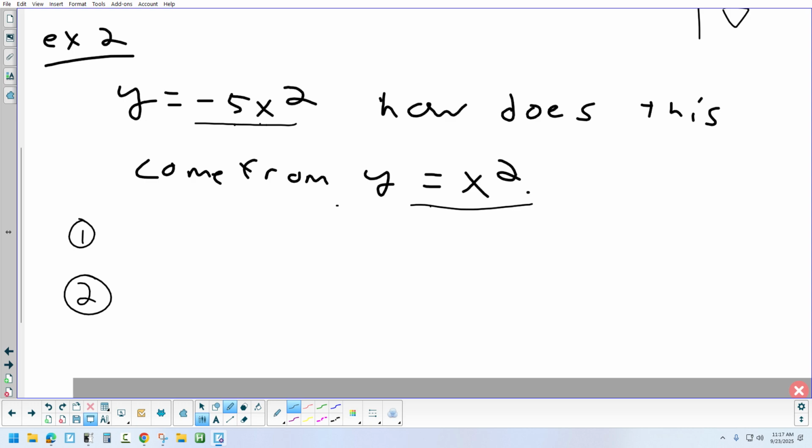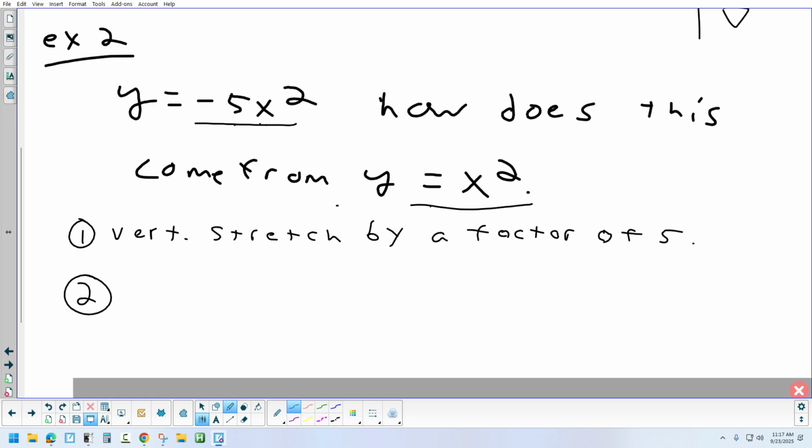So the way I'm going to have you write that is vertical stretch, and then you have to tell me by how much. Vertical stretch by a factor of 5. Okay, so that's the first thing.